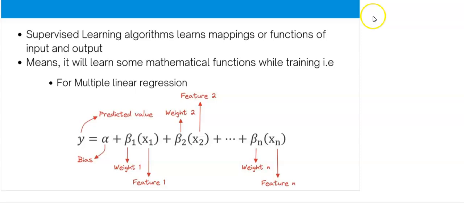Here we know the area of the rectangle formula is given by a equals l into b. This is the formula for area of rectangle, right? And our problem statement is predicting area of rectangle.